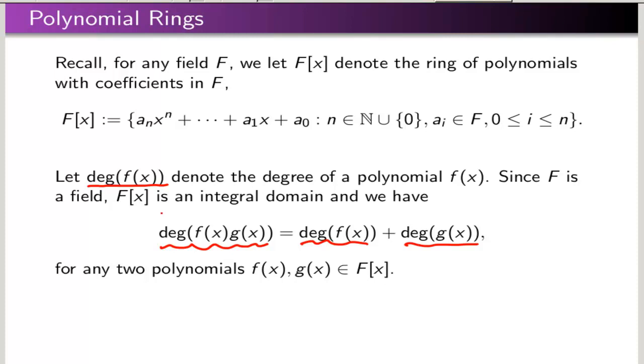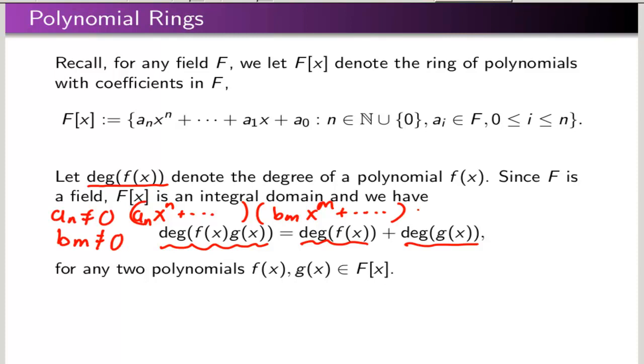So if you have an nth degree polynomial like this, where a_n does not equal 0, and you have an mth degree polynomial where b_m is not 0, multiply them, the leading coefficient is just that, and so the degree is the sum of the degrees of the two polynomials we started with.